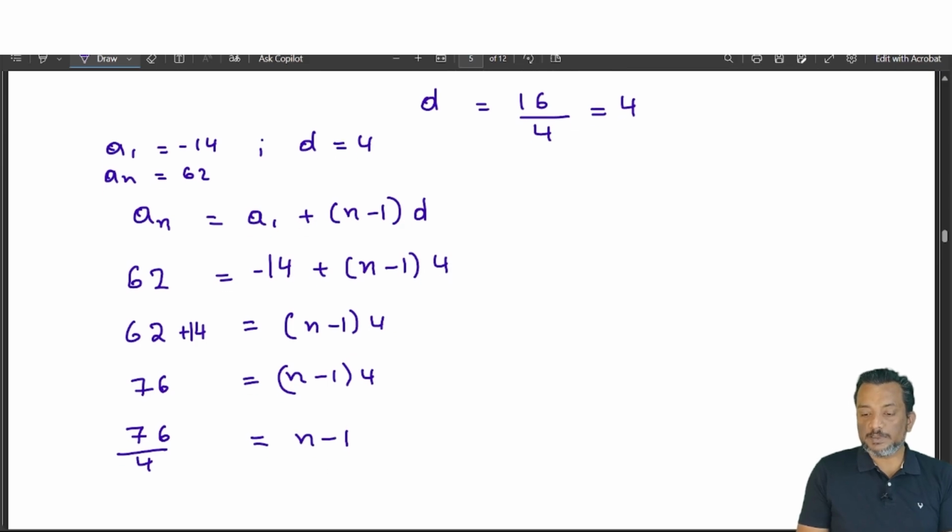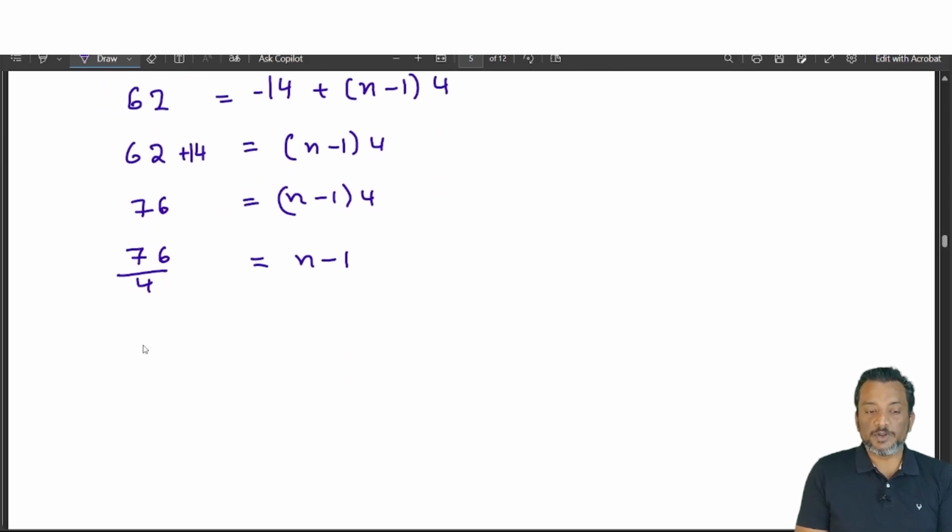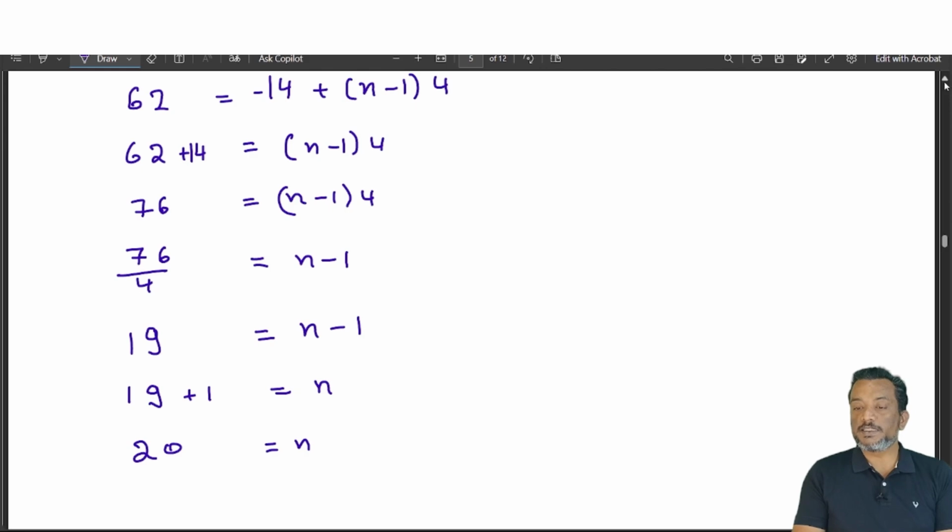Now you can divide: 76 divided by 4, 4 goes into 7 once, then 36 gives 9. So you can say 19 is n minus 1, and now bring minus 1, so it will become plus. So n is equal to how much? You will get 20. Hope you get it. So 62 is the 20th term, which means the last term, or nth term, is equal to 20.